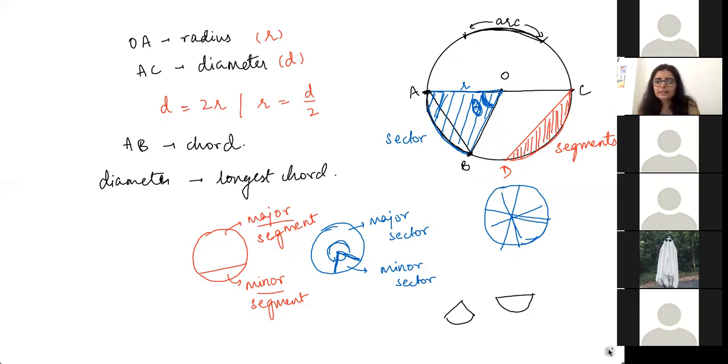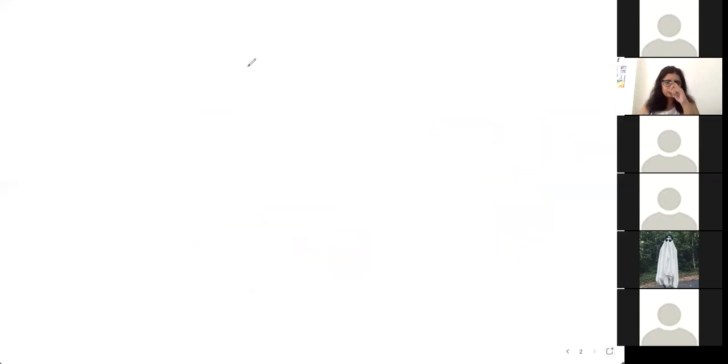Okay, all right. So there are some special cases to sectors and segments. A sector, I said, was defined by theta, which is the angle between both the radii. One special case of this is when the angle between the radii is 90 degrees.